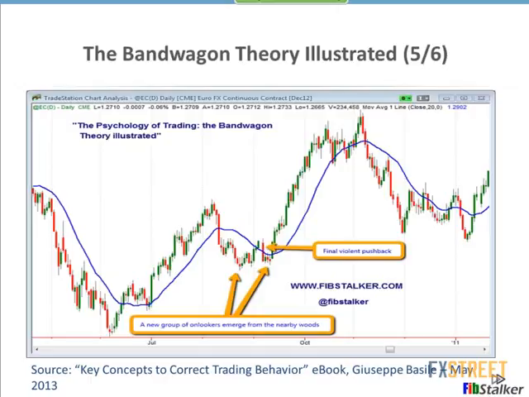So in this phase, those who were not yet thrown away by the market, those that were still in their long positions, actually give up, thinking that the move will continue lower. For example, if we are here in mid-August 2010, a lot of people will believe that this will continue lower.